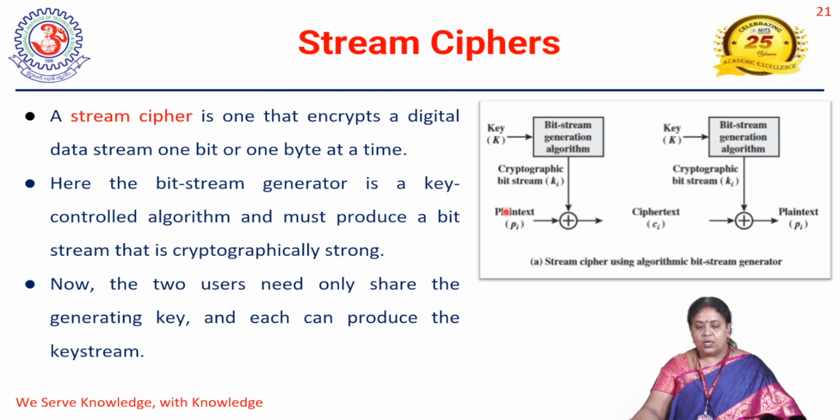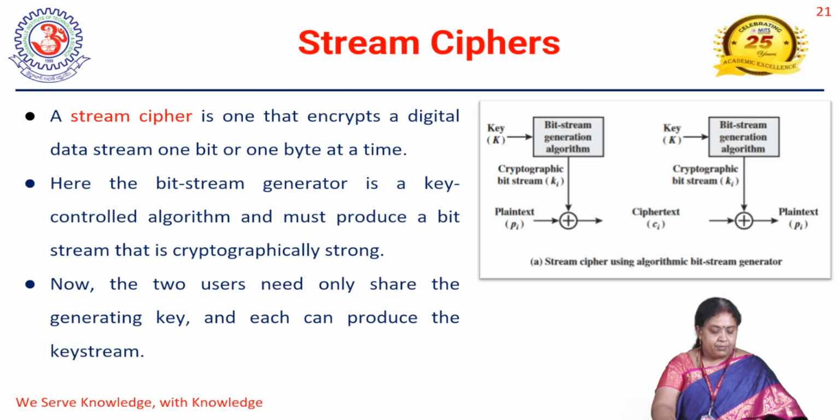On this plain text, we are going to apply the encryption algorithm on every bit or byte, using the key. Encryption is performed by using the key only. So that is applied bit by bit or byte by byte. So a stream cipher is one that encrypts a digital data stream one bit or one byte at a time.